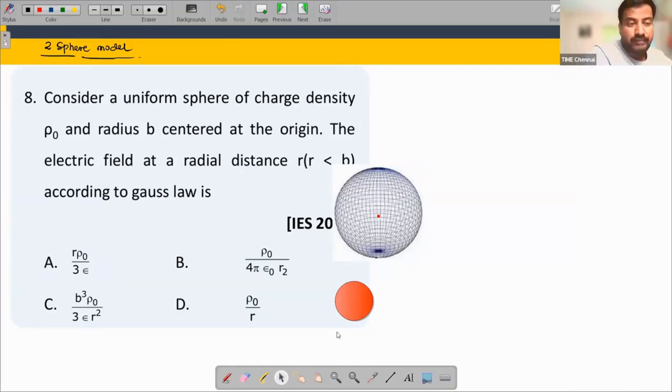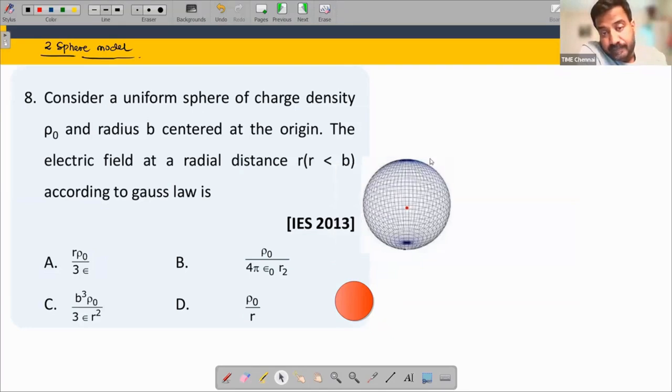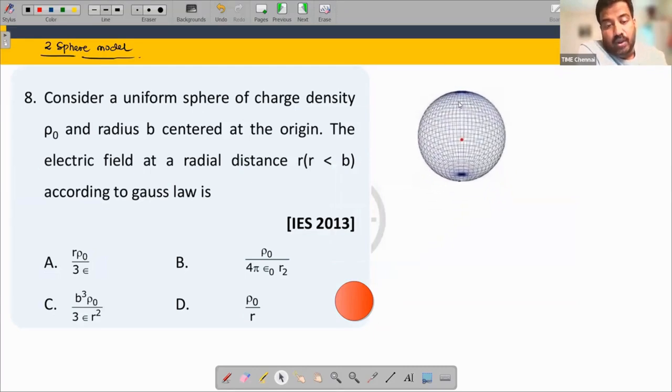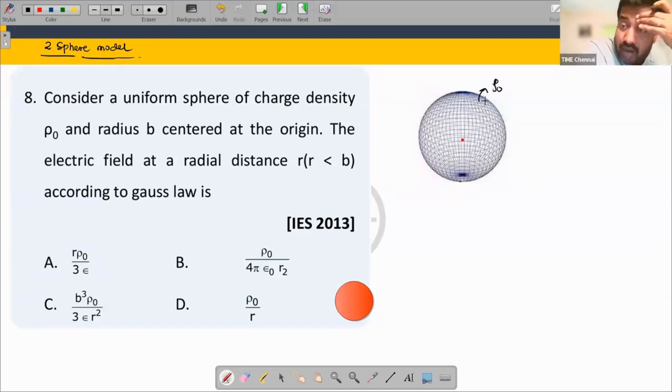The two sphere model. Consider a uniform sphere of charge density rho naught. So rho naught is a volume charge density in this sphere. Like you fill air in a balloon or water in a balloon, it is filled everywhere.